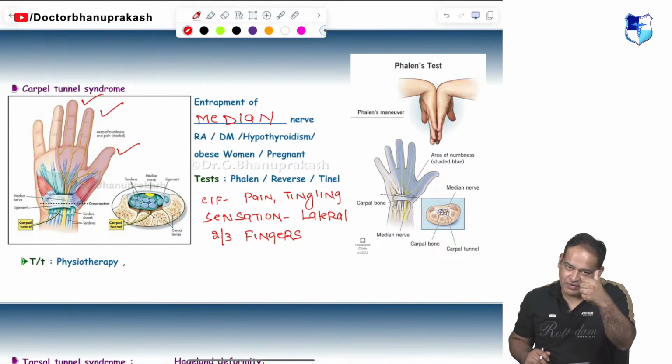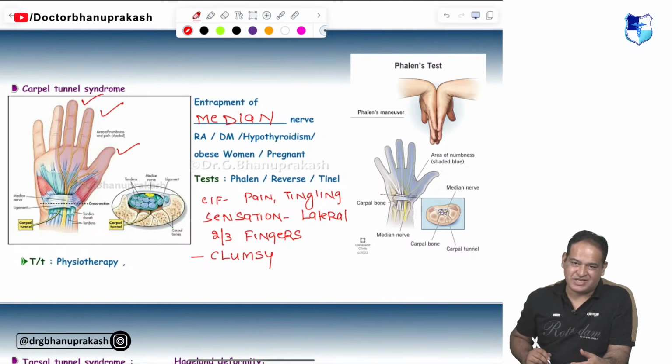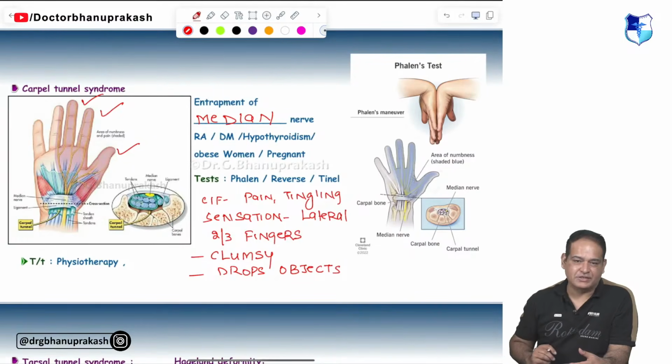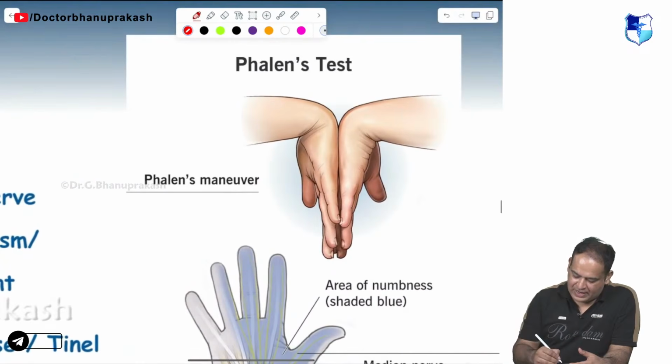Thumb is a lateral finger, lateral 2 or 3 finger. Patient becomes clumsy. Patient drops the objects, right? Clinical test, Phalen test.